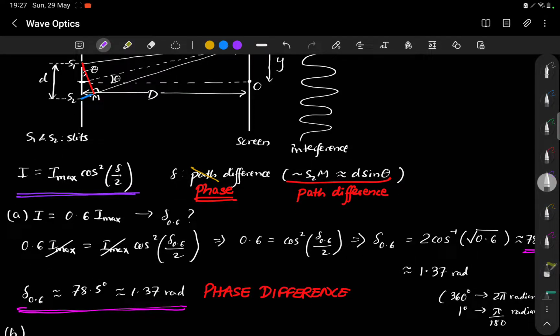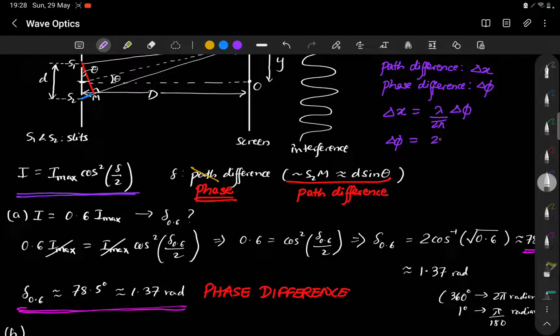Phase difference and path difference are related. So if we have path difference, let's say delta x, the corresponding phase difference is, let's say, delta phi, then they are related as follows: the path difference is lambda over 2 pi times the phase difference, or the other way around, the phase difference is 2 pi by lambda times the path difference, where the phase is in radians.